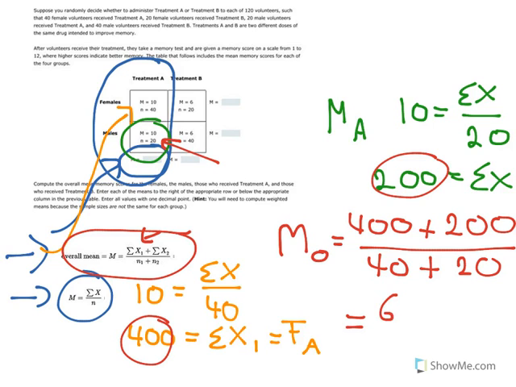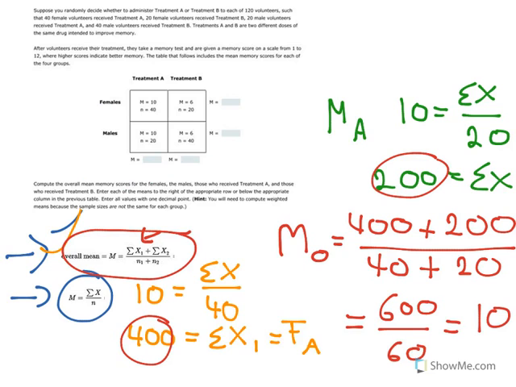So this is going to be 600 over 60, which equals 10. And the 10 was the overall mean for treatment A, females and males. So this answer right here is going to be 10.